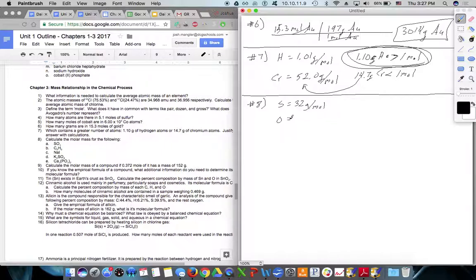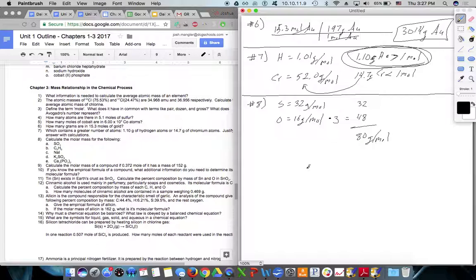We have oxygen, which is 16 grams per mole. We're going to multiply this by 3 because there's 3 of them. We're going to add all of these together. 32 plus 48 is going to be 80. Is that right? Grams per mole. Yeah, I think so. So there you go.